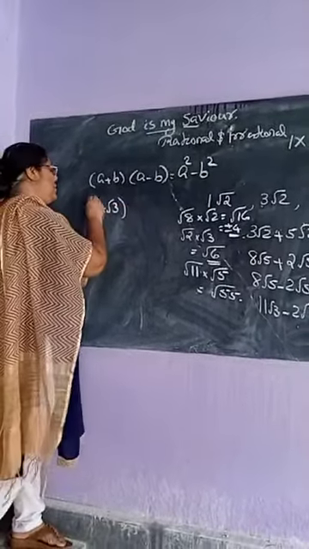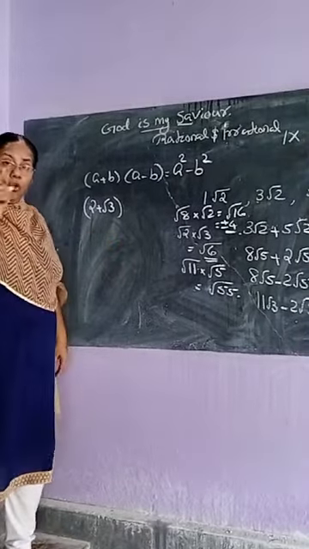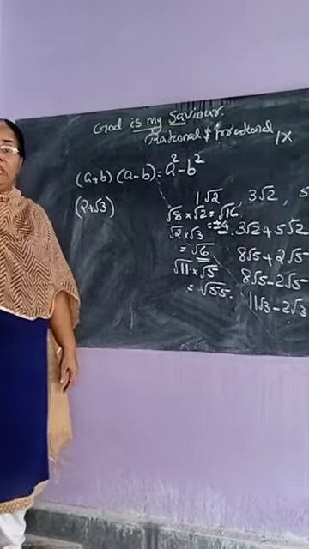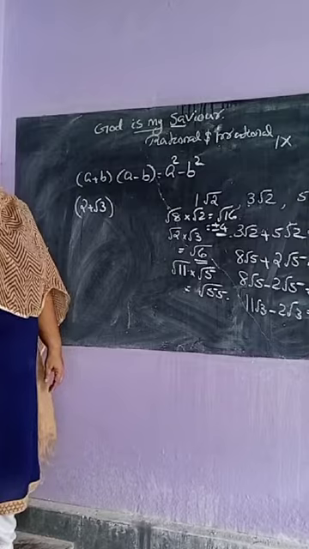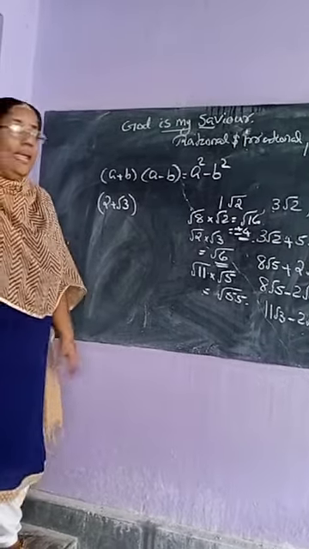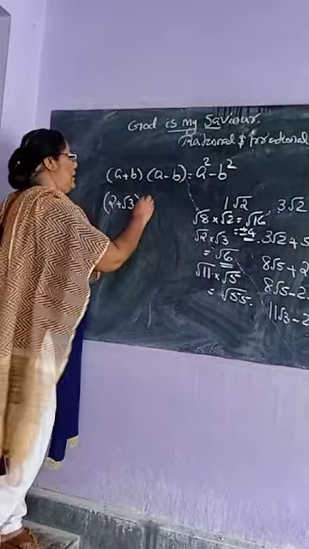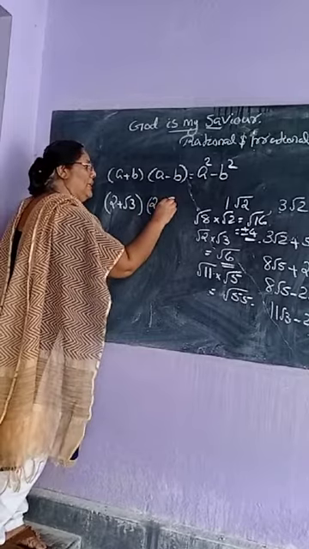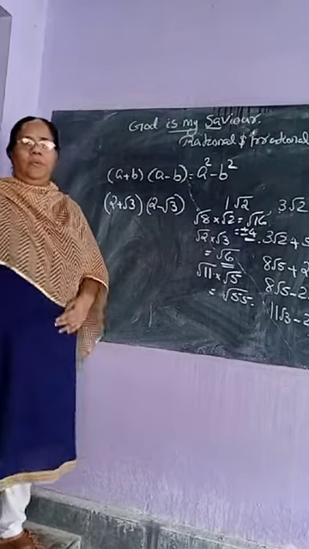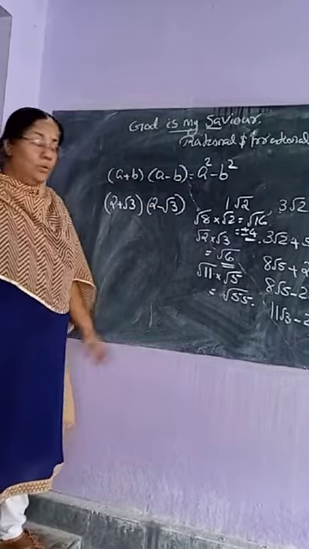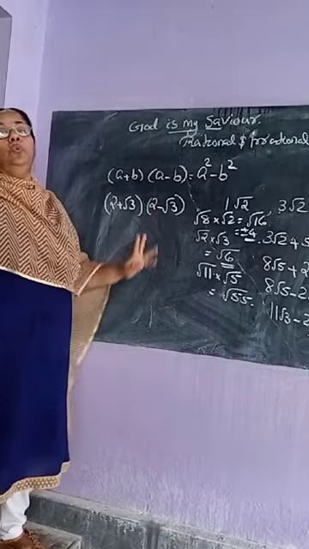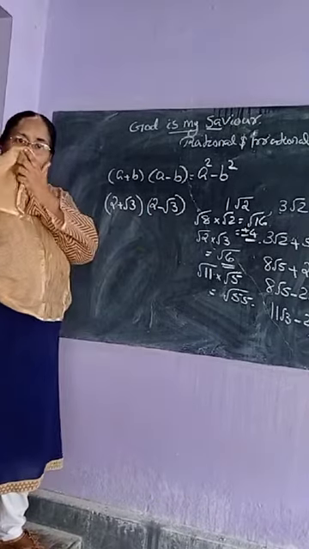Then the conjugate, the next word, right? Conjugate, C-O-N-J-U-G-A-T-E. The conjugate of 2 plus root 3 is 2 minus root 3.